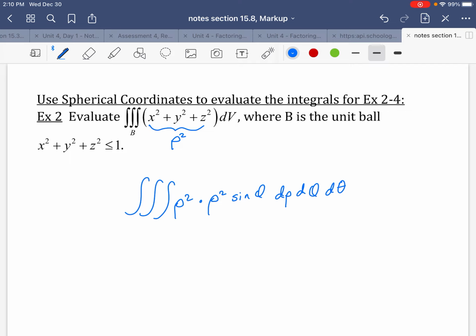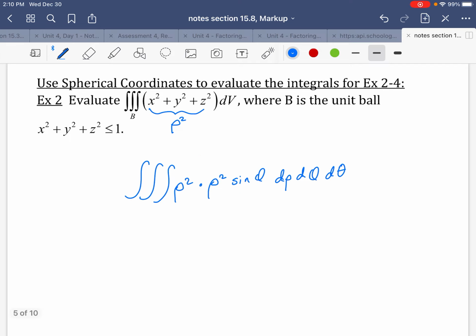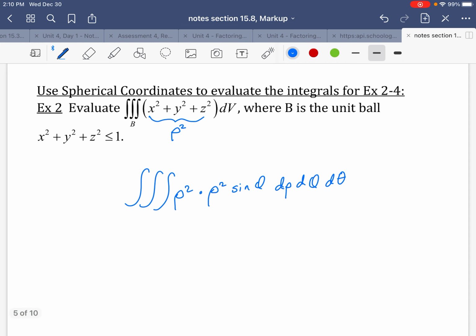All right, and there's going to be an easy way to evaluate these integrals in most cases. So let me go on with that. So we want to evaluate this integral over B, the unit ball. So the region that we're integrating this over is a ball, and it has a radius of 1, right? A sphere with radius 1. So my rho is going to go from 0 to 1 because I'm staying inside that ball right there.